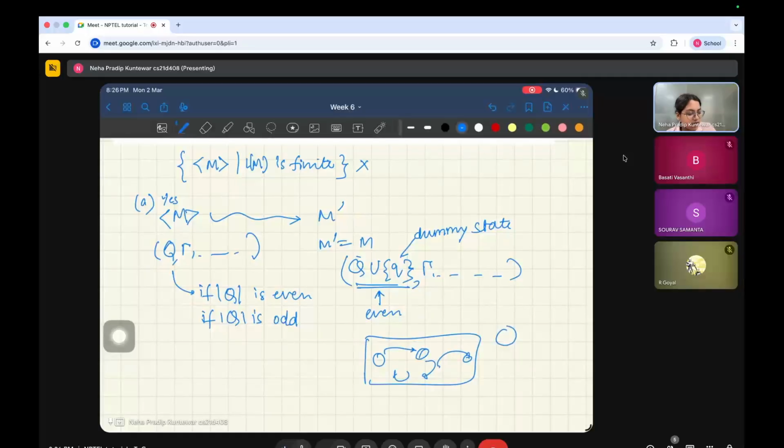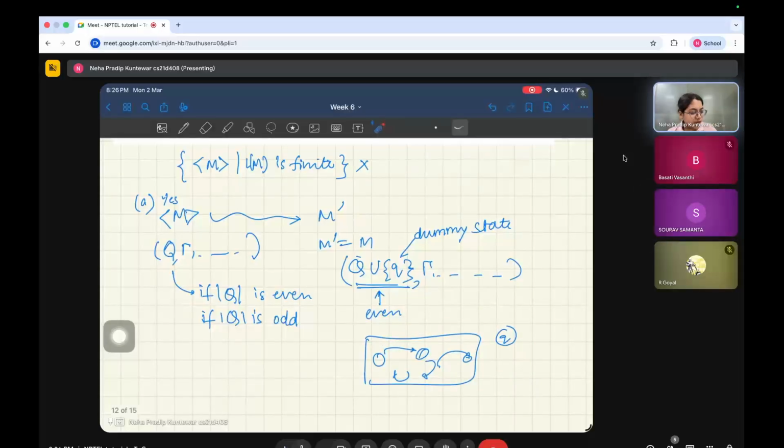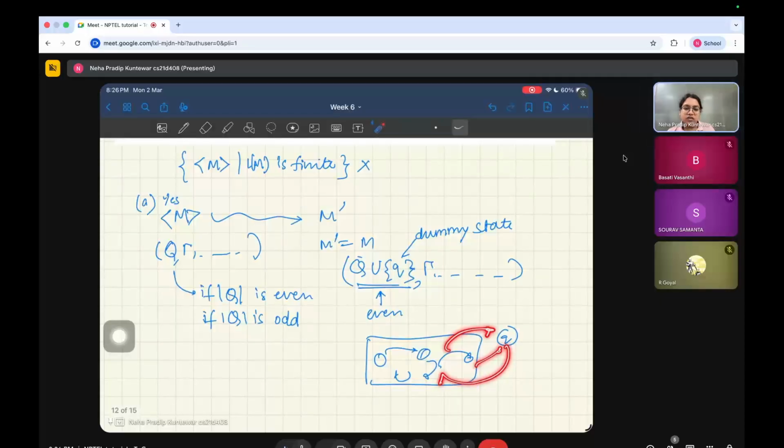What you do is you just add this new dummy state. What do you mean by dummy state? Meaning there are no transitions to it, no arrows coming out of it or going into it. It's just a state that is added into the set, but you will never reach it.